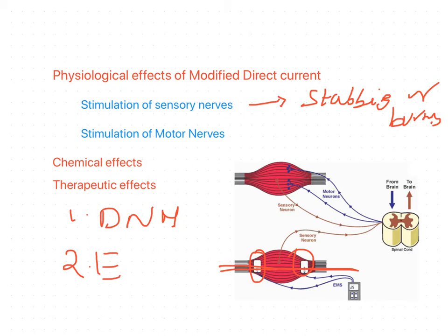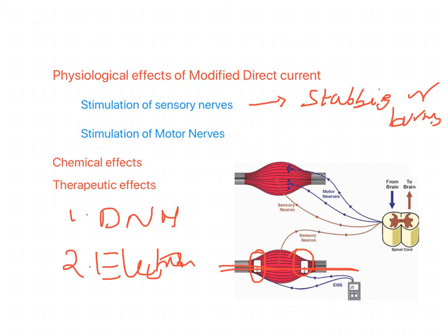To study the function of the muscle, we can use this current for electrodiagnosis. Okay. Yes, these are the main two therapeutic effects we can see under this galvanic type of currents.